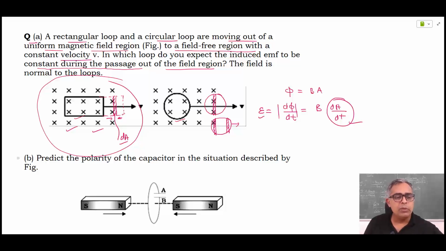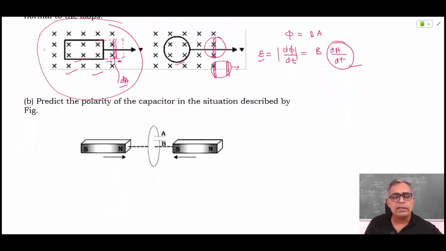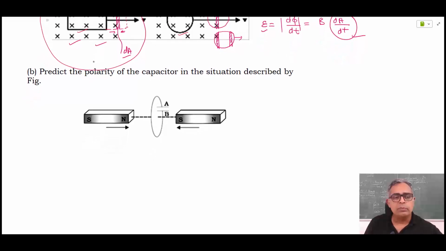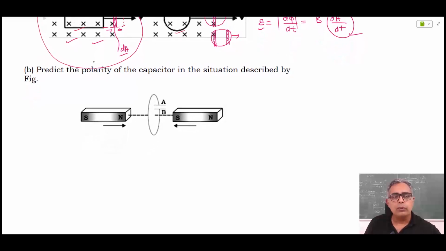Now this B part is a very interesting part. In this part we have to predict the polarity of the capacitor in the situation described. For convenience we are just considering this magnet. As soon as you move this magnet towards this coil, what do you expect?